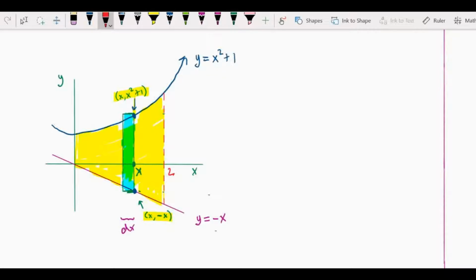So you can see that if I just draw the top and bottom out to here, the height of this rectangle, in other words the vertical distance between the two curves, is just going to be x squared plus 1 on the top minus negative x on the bottom.